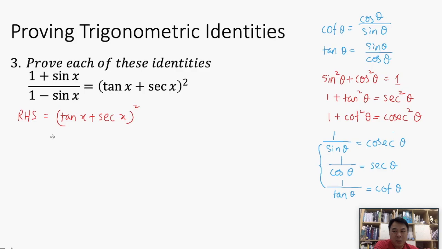Yeah, it's easier to expand. In this case, you can see that there is actually tangent square x plus 2 tan x secant x plus secant square x. And then from here, we notice that we have secant square. So secant square is actually 1 plus tangent square. So I might want to use that.